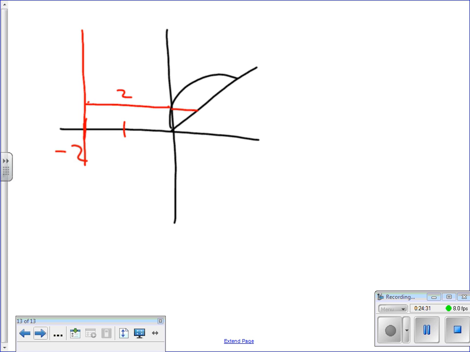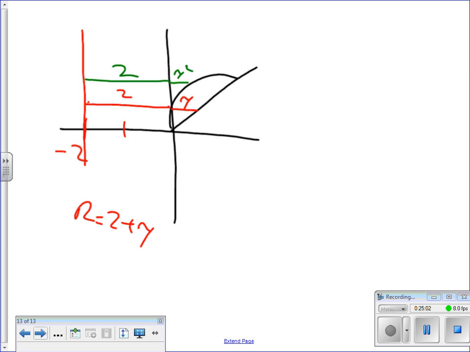Although -2 is where the line is, what's my distance? My distance is 2 plus that. So my big radius is 2 plus y, using the same equations, just changing where the axis of rotation is. And my little radius is this distance here, which is y squared, plus that distance, which is 2.